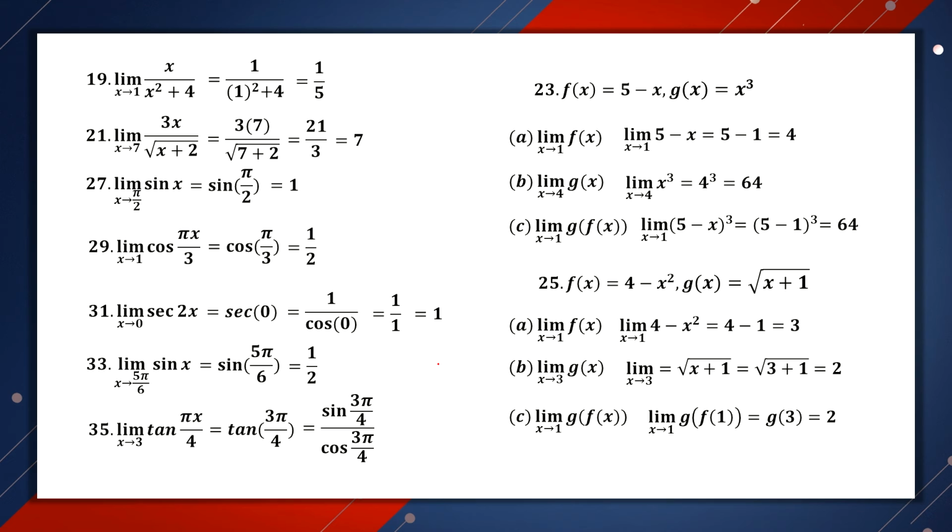And for b, we have x to 3, and we substitute 3 into this g(x) function, and we got 3 here. So 3 minus 3 plus 1 is 4, and we get 2 as a result.